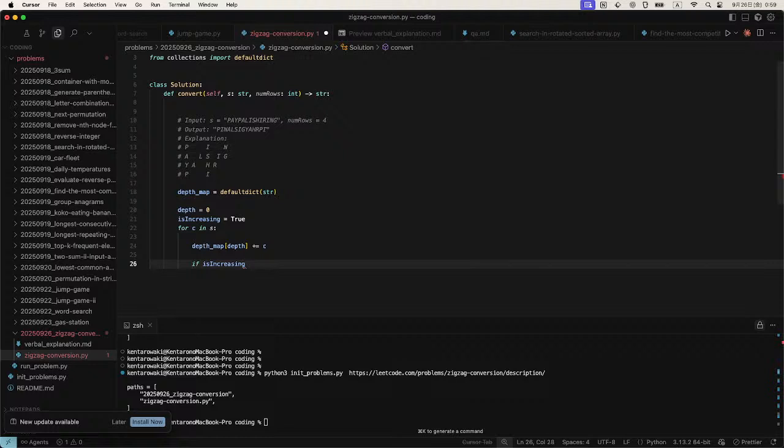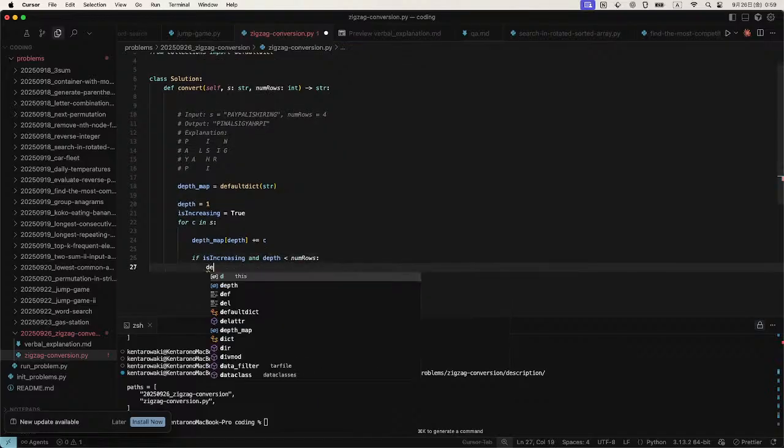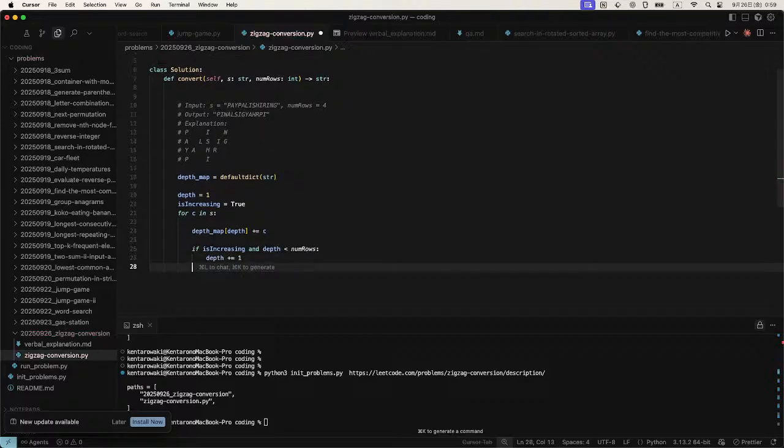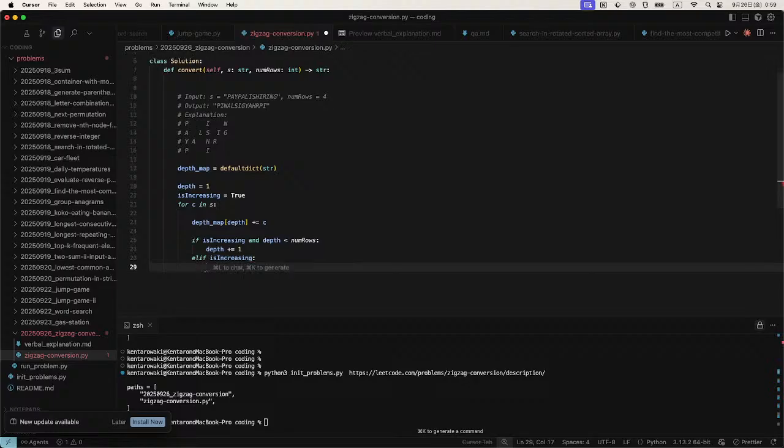So if is increasing, and I want to start depth with 1, and 1, 2, 3, 4, and for updating depth, if it's increasing and the depth is less than num rows, we can increment depth, and else if it is increasing and depth equals number of rows, it means it points here.